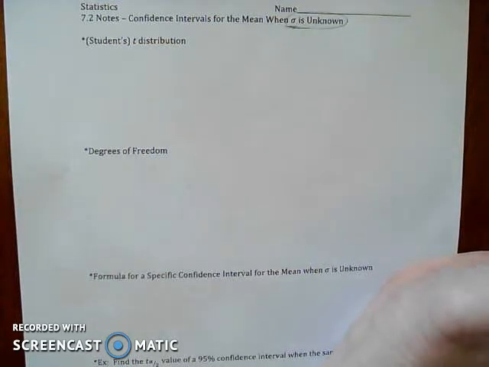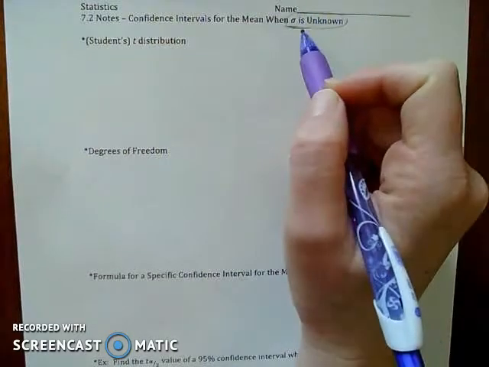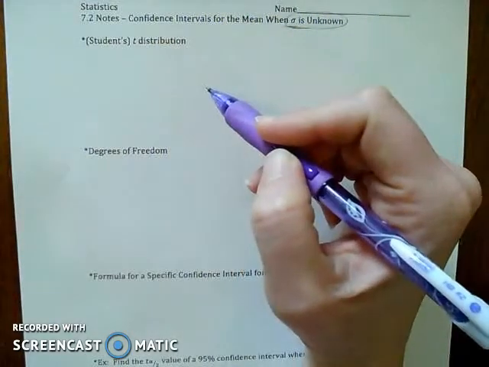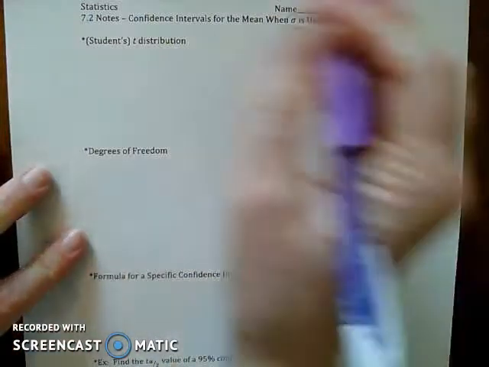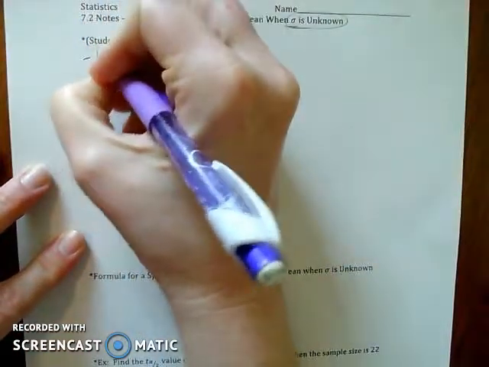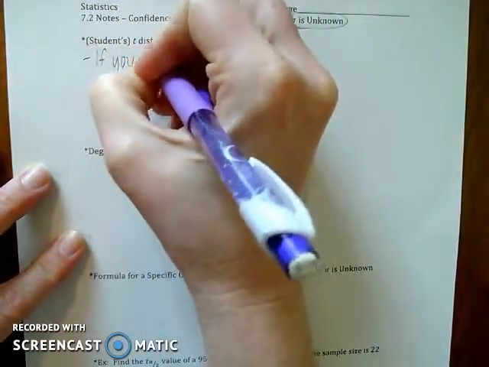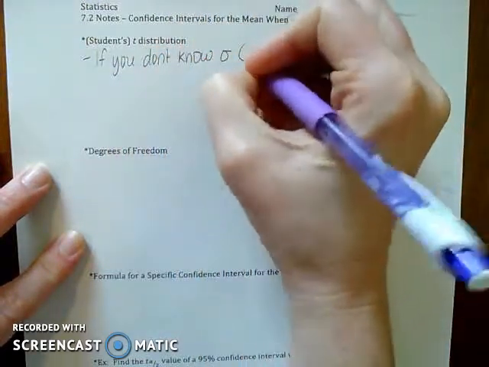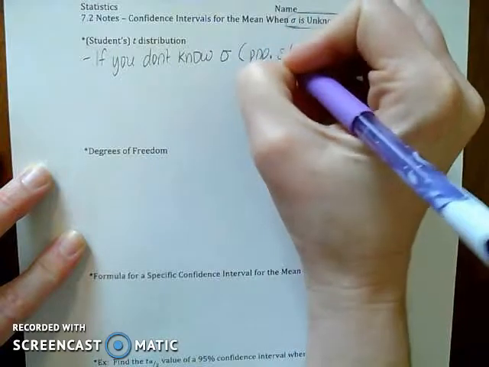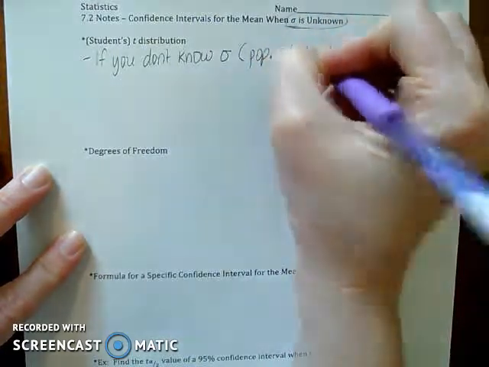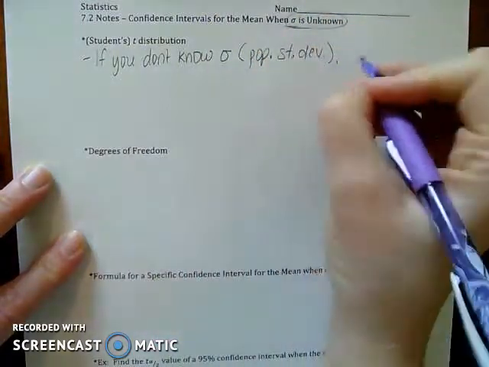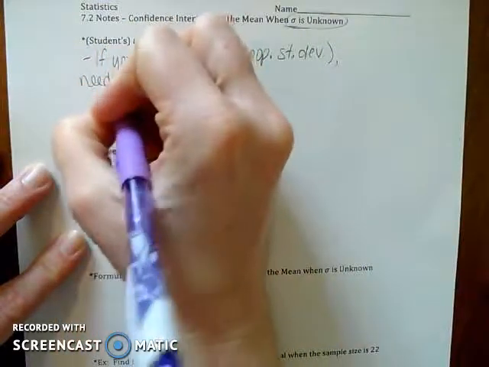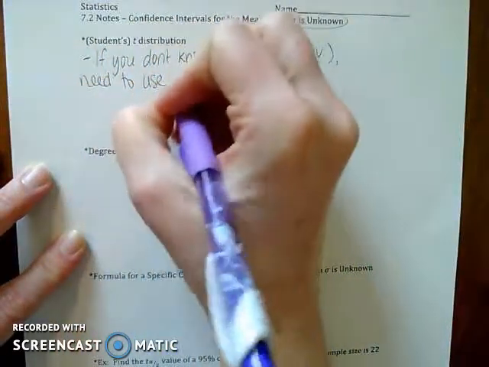Okay? The only time we're going to use the T chart is when we are doing a confidence interval when sigma is unknown. Okay? So if you don't know sigma, which again is population standard deviation, you're going to need to use the T distribution.